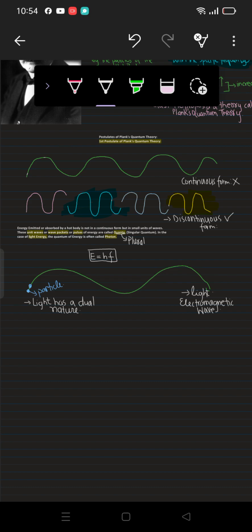Then we have another scientist. He came and told that every microscopic moving body will have a dual nature. Not only a wave will have a dual nature as a particle as well, but yes, every microscopic moving body will have dual nature.